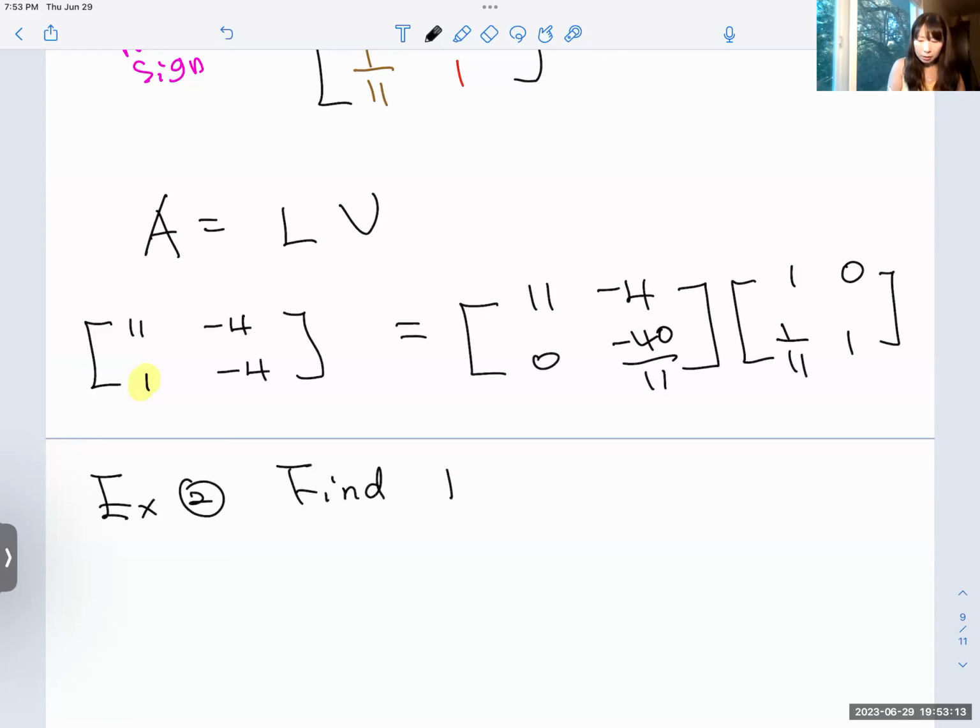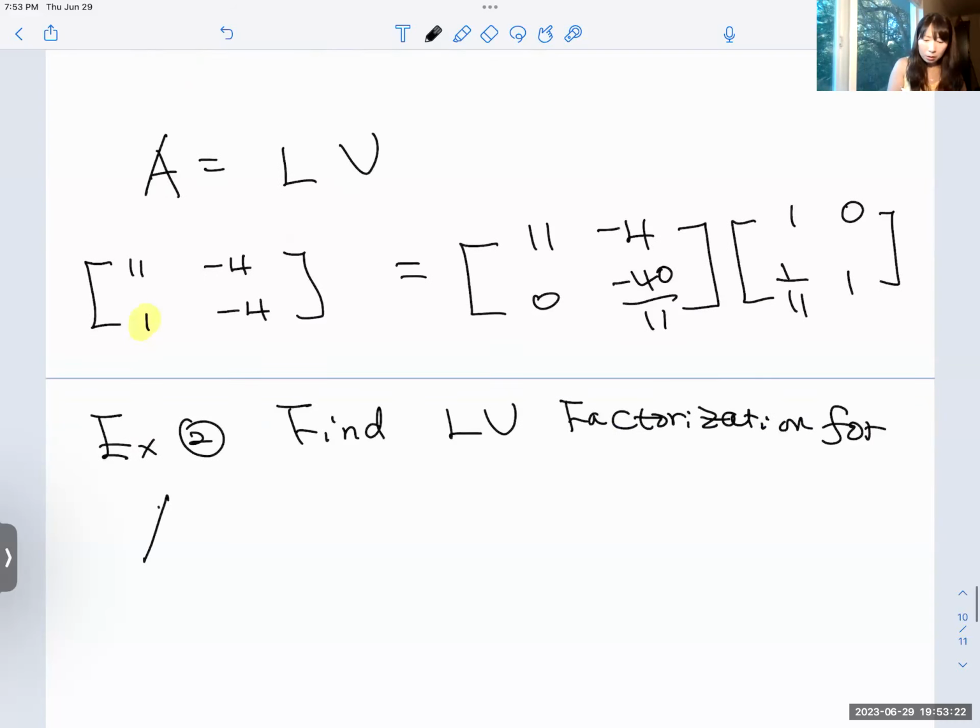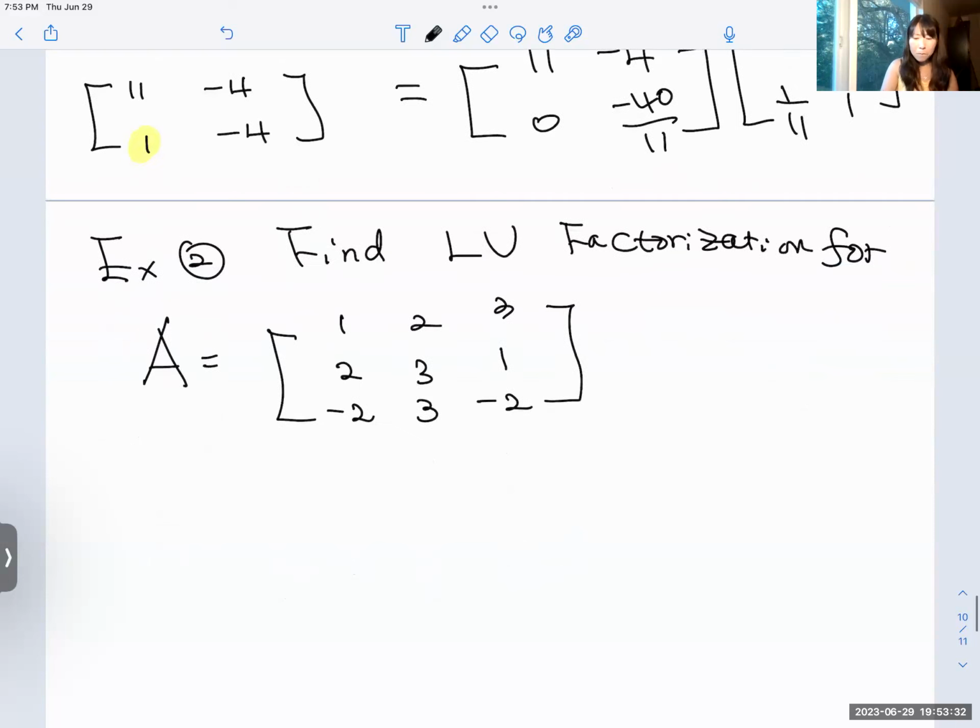Let us do 3 by 3. Find the LU factorization for A equal to 1, 2, -2, 2, 3, 3, 3, 1, -2. U first now.